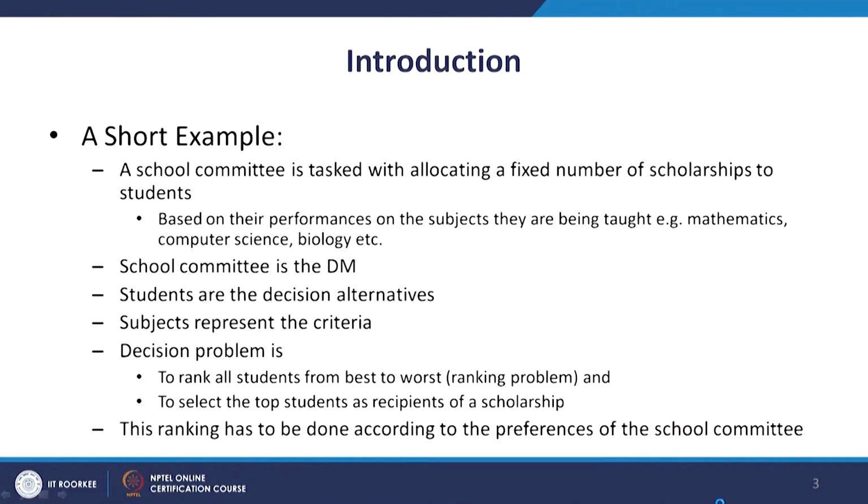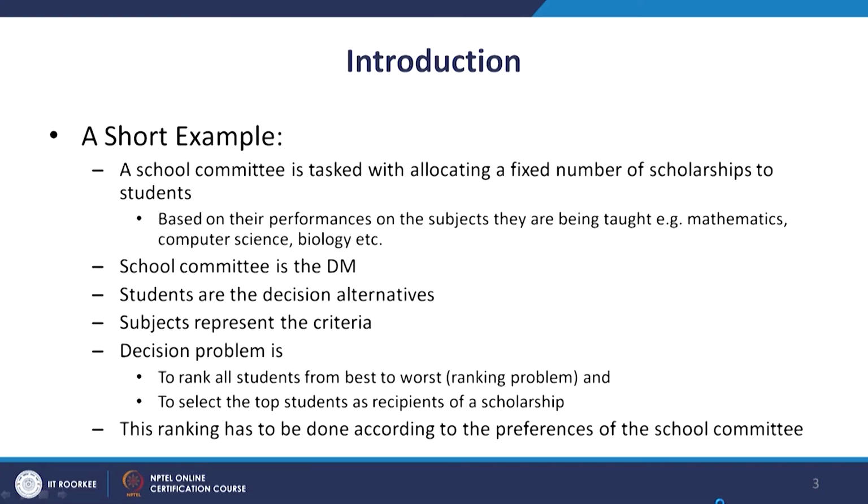Now, what the school committee as a decision maker is required to do, we can write as a decision problem statement. The decision problem in this case is to rank all students from best to worst, this being an example of a ranking problem.